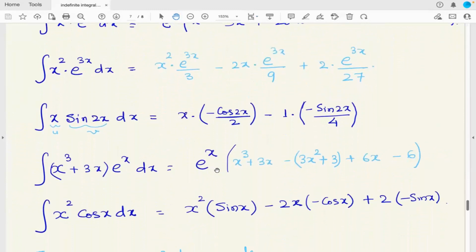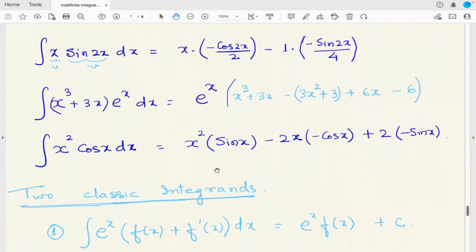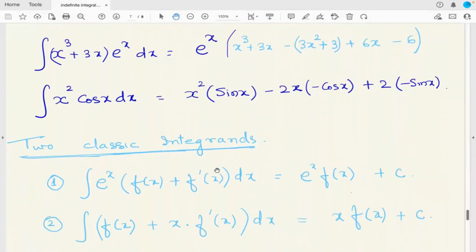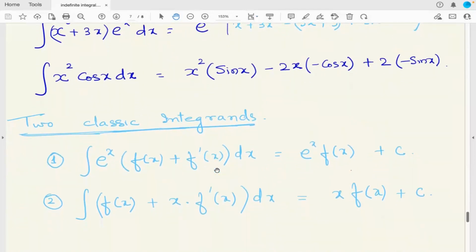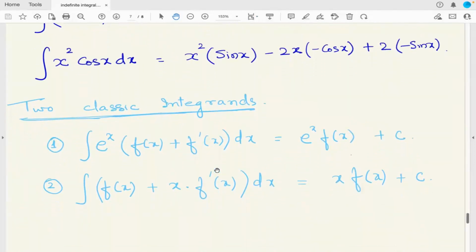So here are some classic integrands, and we deal with them. Let's see what they are. These both are our classic integrands, and they are quite effective in solving complex integrals.